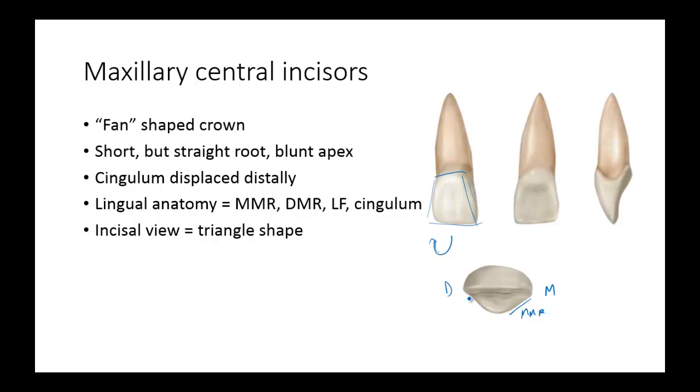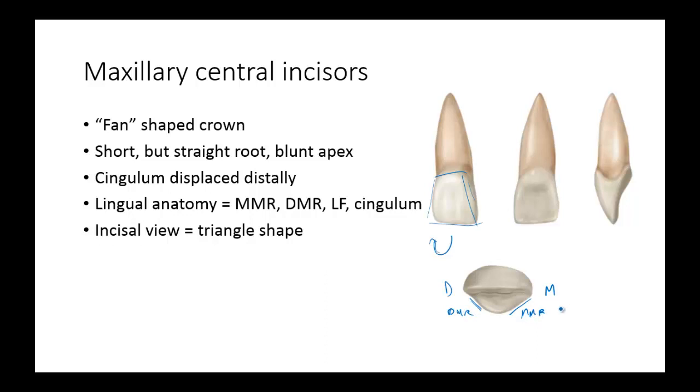What that means is your mesial marginal ridge, which is this part right here, is going to be slightly longer than the distal marginal ridge, because the mesial marginal ridge pretty much goes from as close as you can to the incisal surface over to the cingulum. And so if the cingulum is displaced distally, you're going to have a shorter distal marginal ridge and a longer mesial marginal ridge.